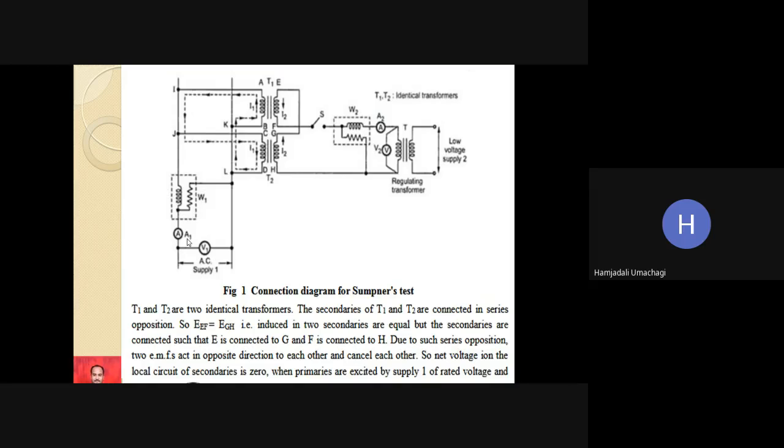That is, this will read 2 times the no load current and 2 times the iron loss, because we are using two identical transformers. Both transformers' iron loss will be read by W1. So W1 is equal to 2 times Pi, and ammeter A1 will read 2 times the no load current I0. That is the meaning.